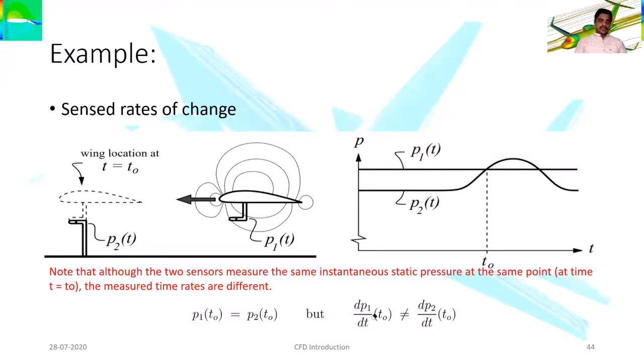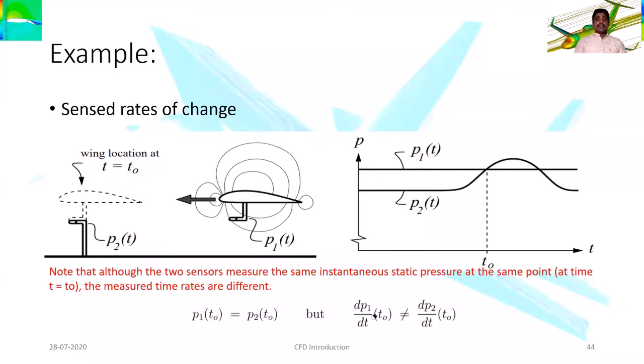So the changes with respect to time are not equal. But if you are not changing the time, if t is equal to t naught, at that location both will represent the same pressure, and on the same constant line it will be moving.